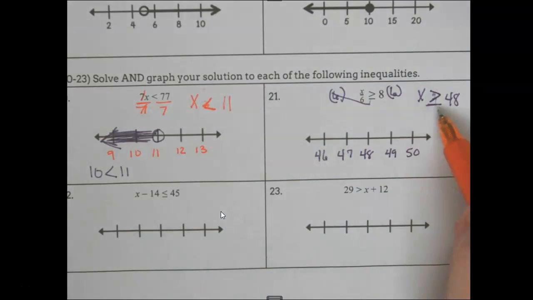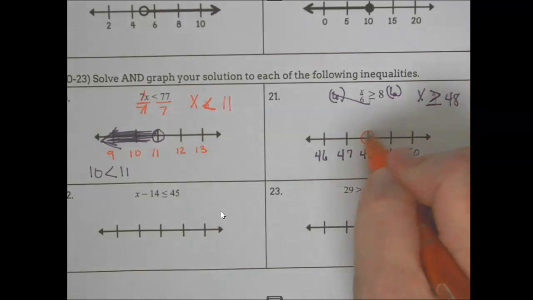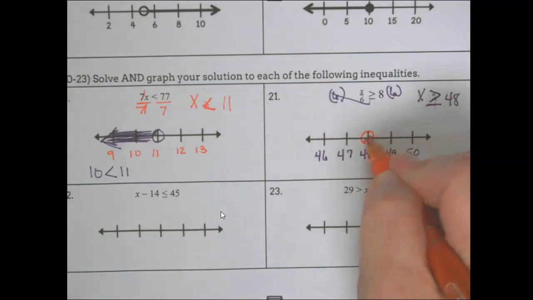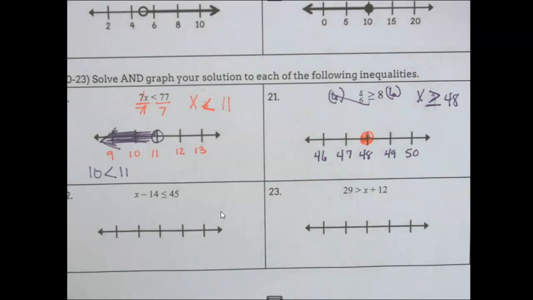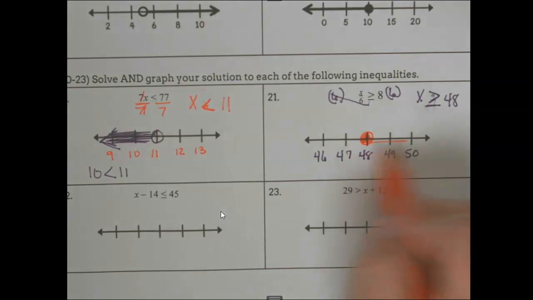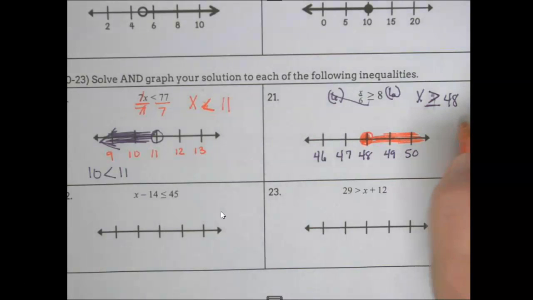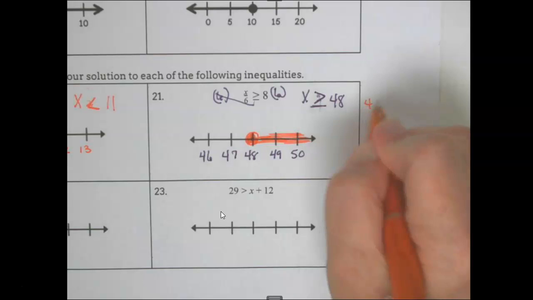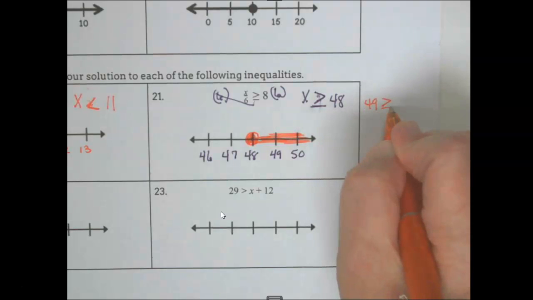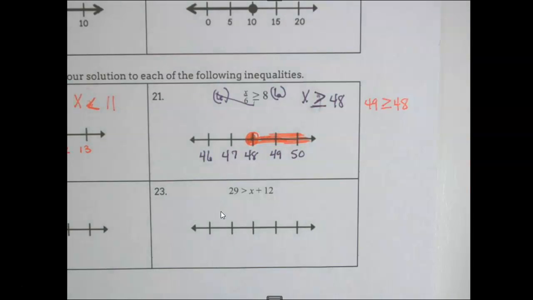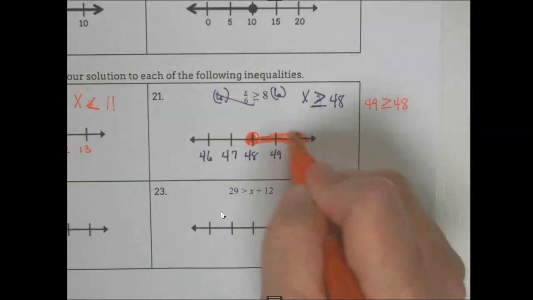I'm using a closed circle on 48 because it's including 48. And x has to be bigger than 48, so I am shading in this side. I can check it over here. 49 is greater than or equal to 48. That is true.